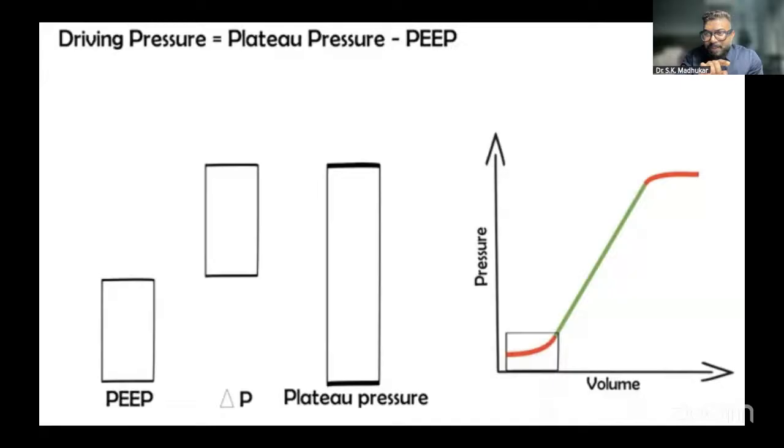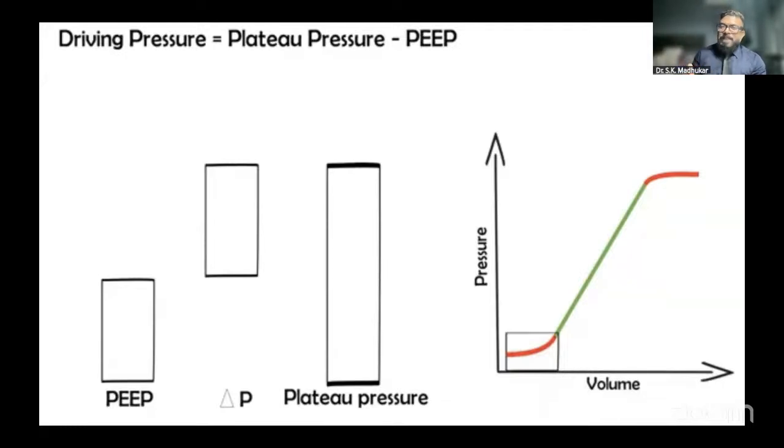So if you increase the PEEP and the driving pressure gets down, it means you are ventilating the patient below LIP. And if you are ventilating the patient below LIP, it's not the ideal ventilation.